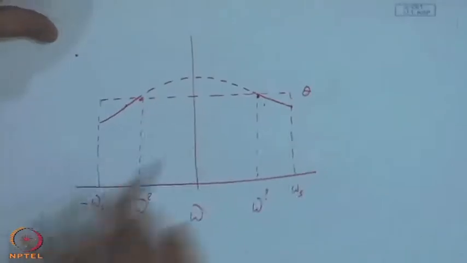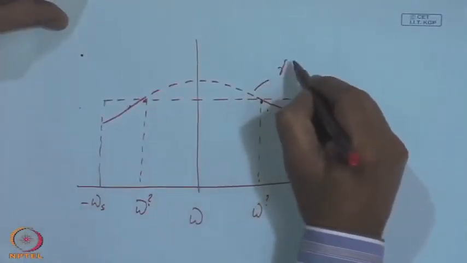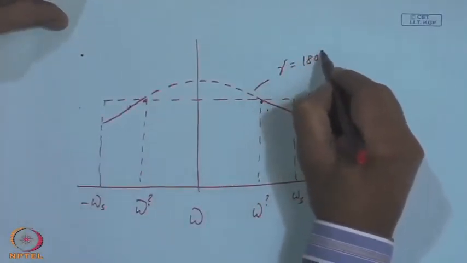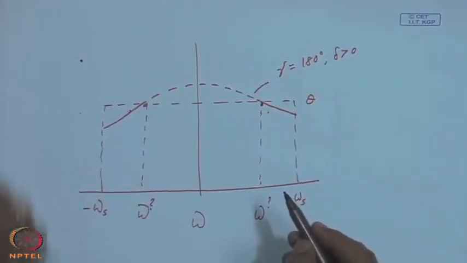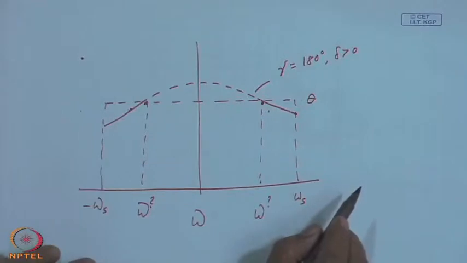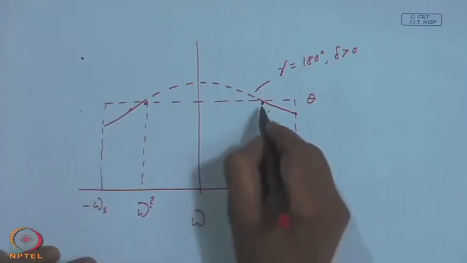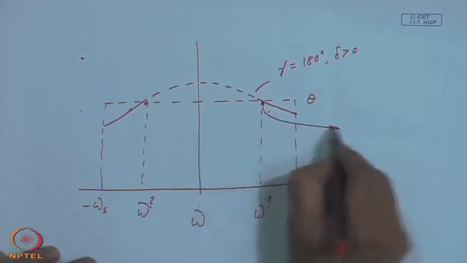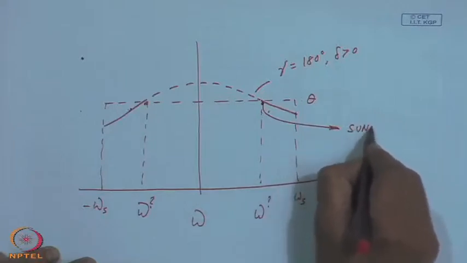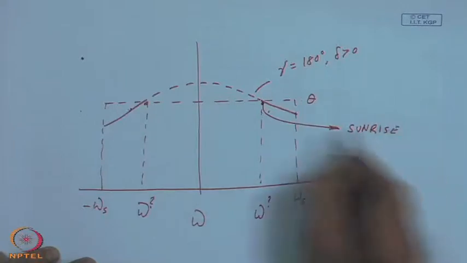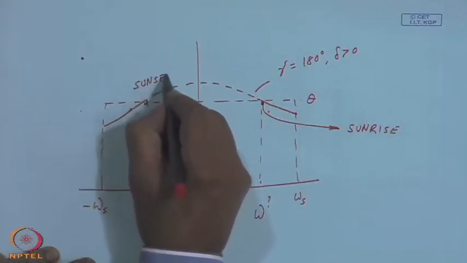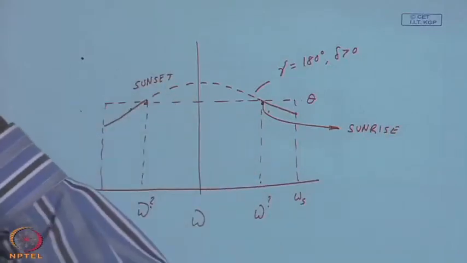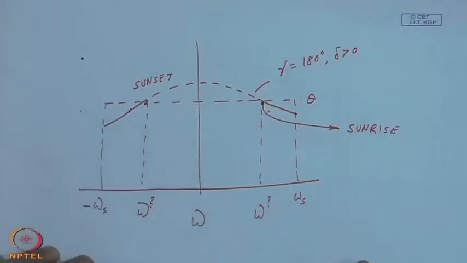Now, we will go back to our gamma equal to 180, delta greater than 0 curve. So, which one will qualify as sunrise? This should be sunrise and this should be sunset. Right?